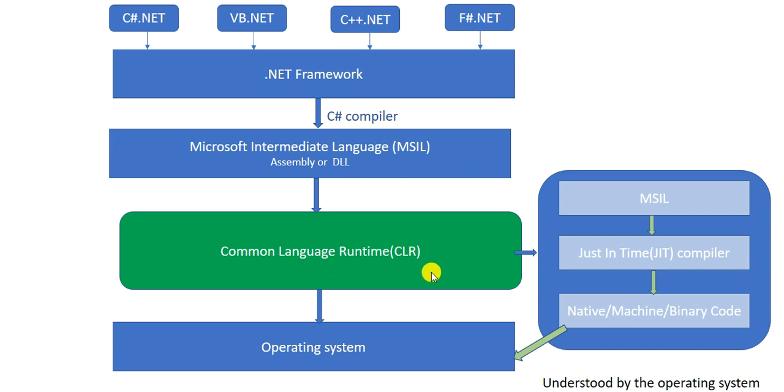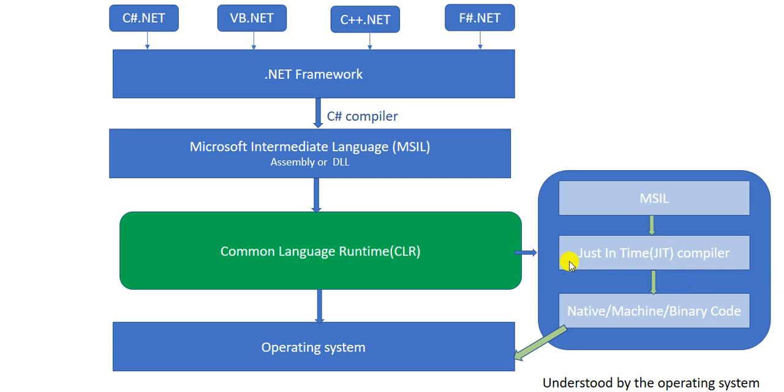Then CLR, Common Language Runtime, comes into play. So the main duty of CLR is to convert the MSIL to native machine or binary code by using the JIT compiler, that is a just-in-time compiler. Okay?